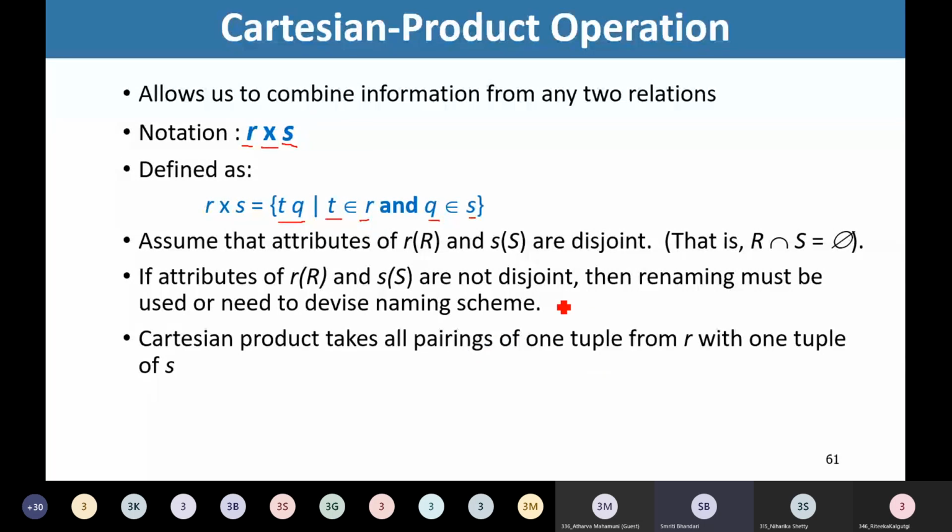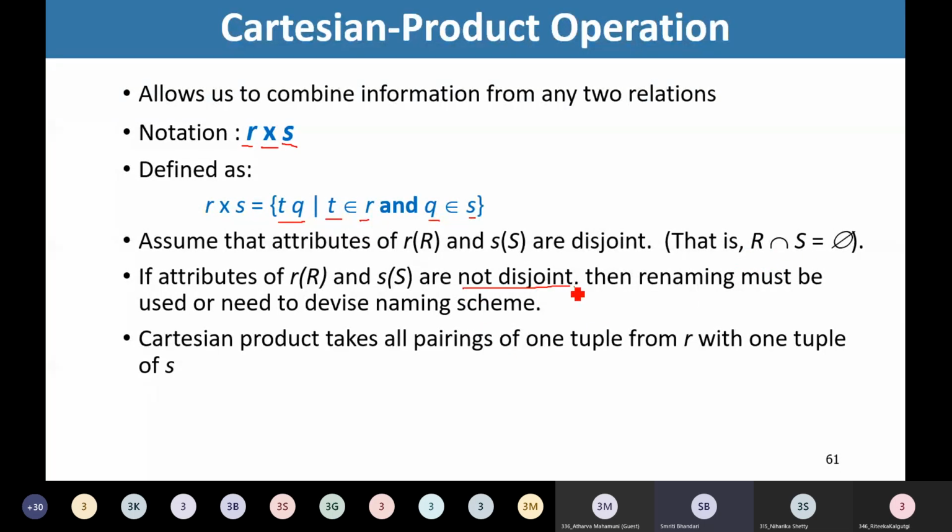We have also mentioned that it is possible that the schemas R and S are disjoint, meaning the attributes of both the relations R and S are different. It is also possible that a few of the attributes from relation R and relation S are common, so R and S are not disjoint.